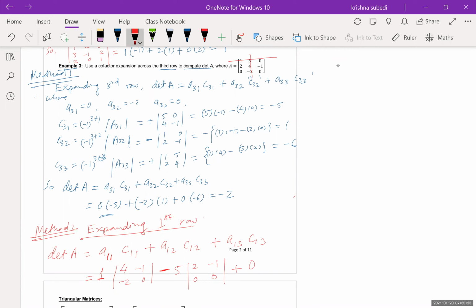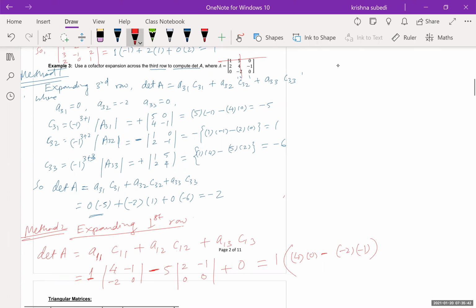So that's going to give me 1 times, now you know, 4 times 0 is 0, 4 times 0 minus negative 2 times negative 1. And then minus 5 times, this guy will be 2 times 0 is 0, 0 times this one is 0, so you'll get negative 5 times 0 and plus 0.